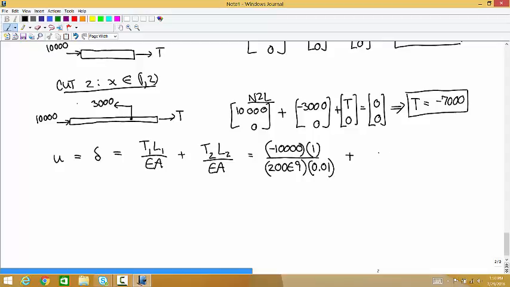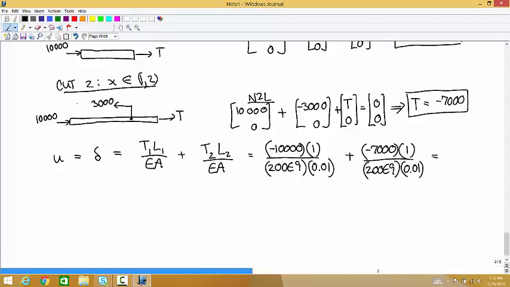And in the second piece, it's negative 7,000 times 1 meter, because 1 meter is also the length of the second half, divided by 200 times 10 to the 9 times 0.01.